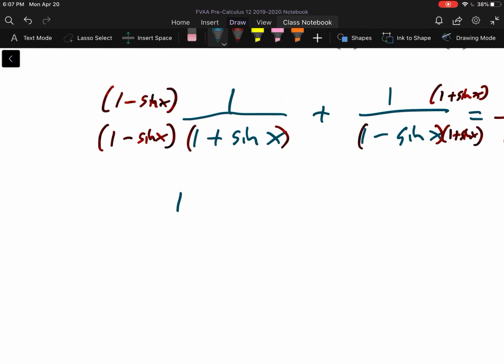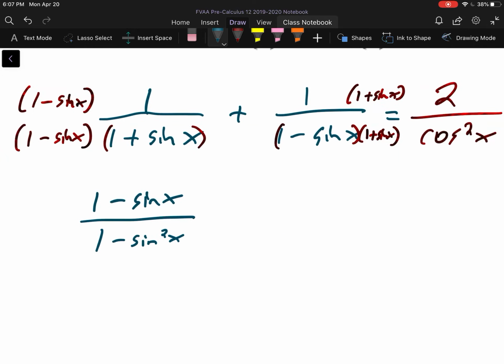So this is going to give me the following. 1 times that is going to give me 1 minus sine x, okay? 1 minus sine x times 1 plus sine x is going to give me 1 minus sine squared x, which if you remember the Pythagorean identity, you should know is actually equal to cosine squared x, okay? Same thing over here.